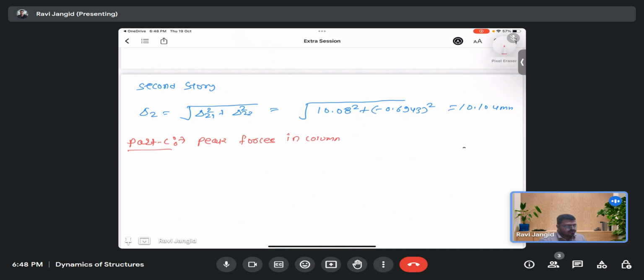So for this we will determine the story forces.